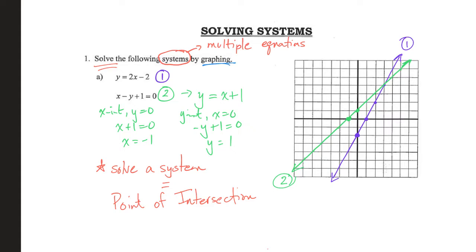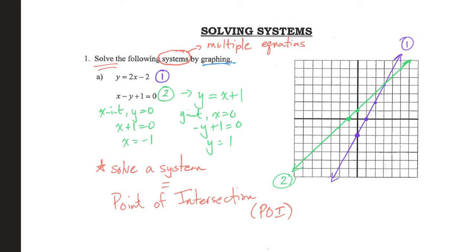That's really all it means to solve a system. Let's find out where both of those lines lie in the same position. It's such a common process that sometimes you'll even see POI put in brackets. Find the point of intersection.